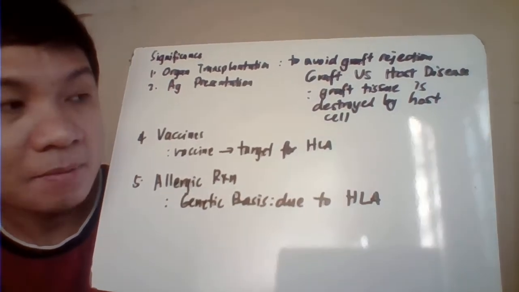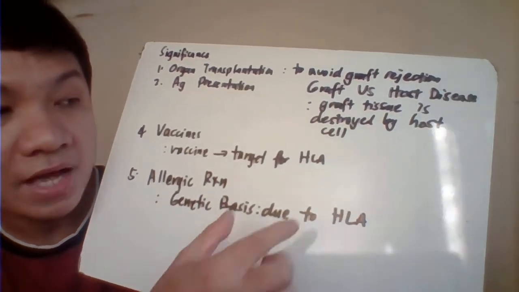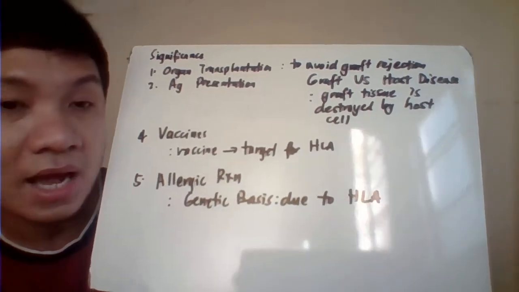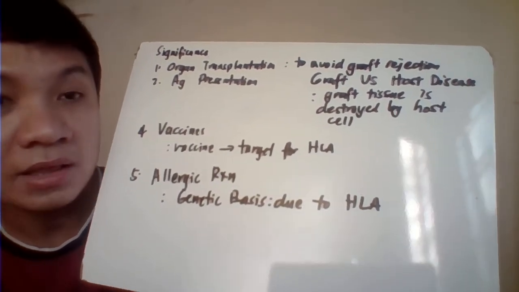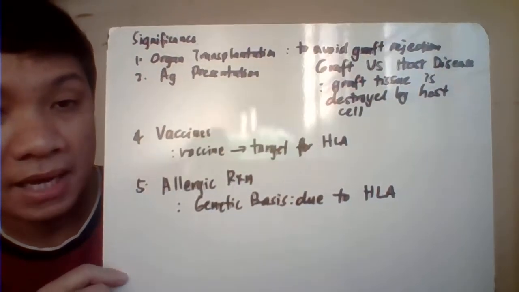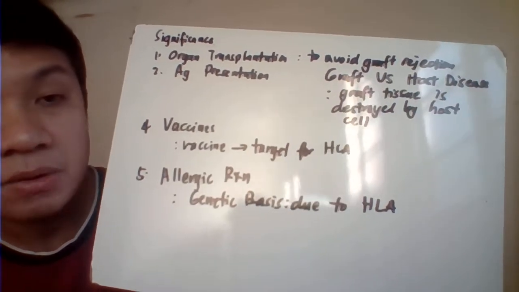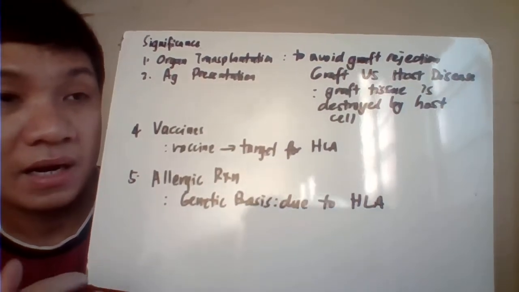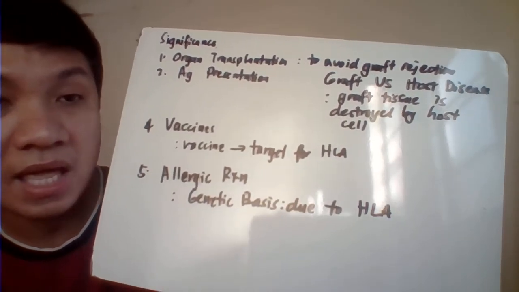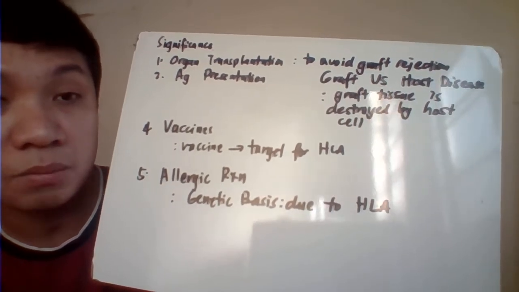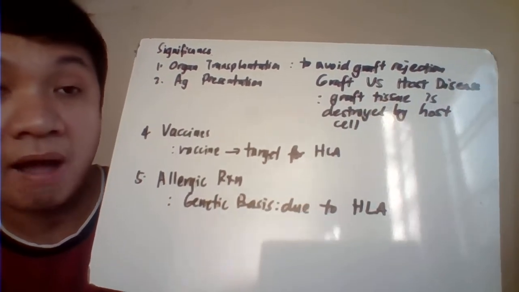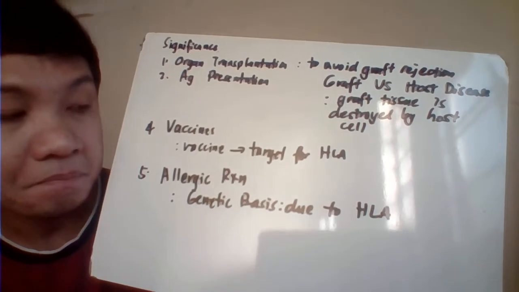For example, if some patient does not have that HLA targeted by our vaccine, it is expected that they will not produce an antibody. It is the reason why some patients, even if they get vaccinated, are not able to produce an antibody. It's because they don't have that HLA.